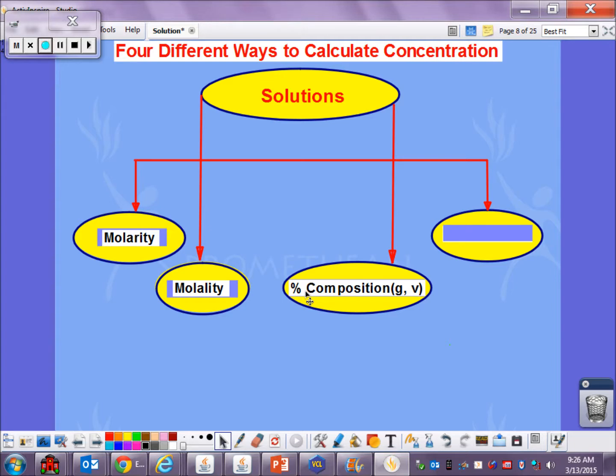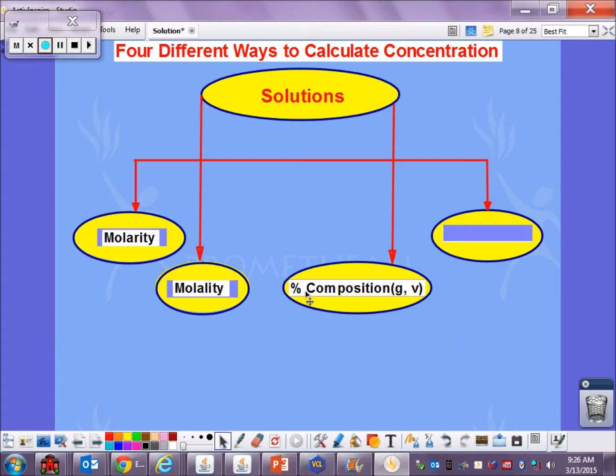times 100. Percent by volume is the same thing: the volume of the part over the volume of the whole times 100. We learned ppm, part per million, with the same formula: the mass of one part over the mass of the whole times 10 to the 6.